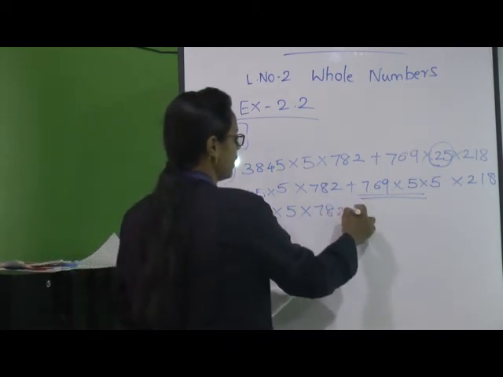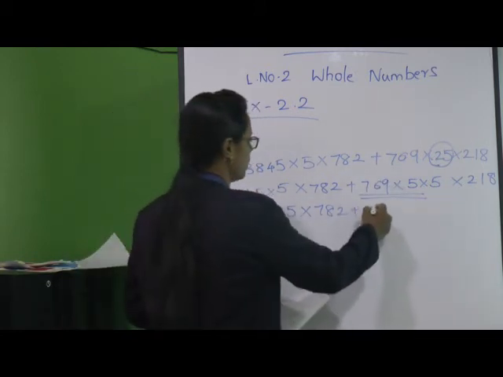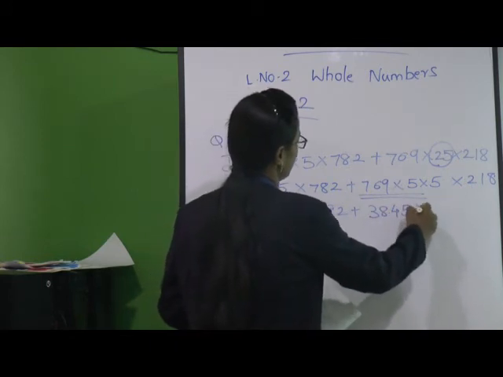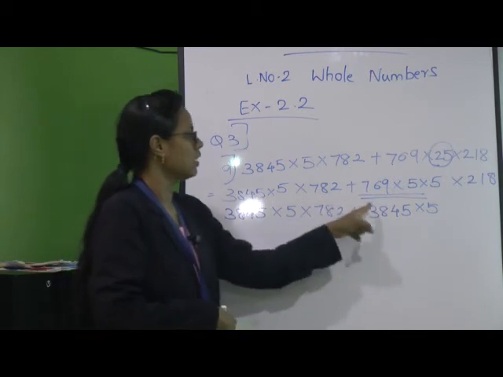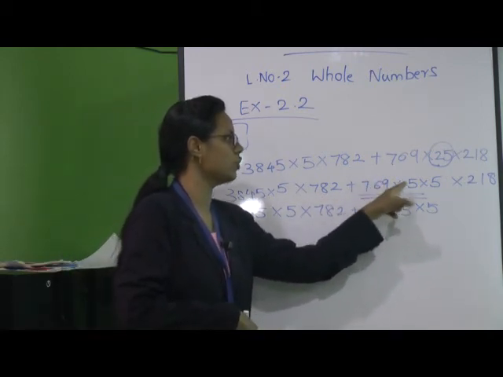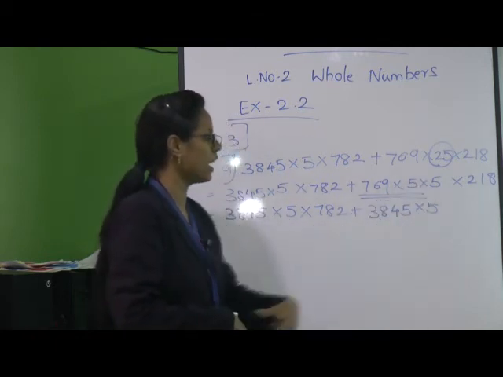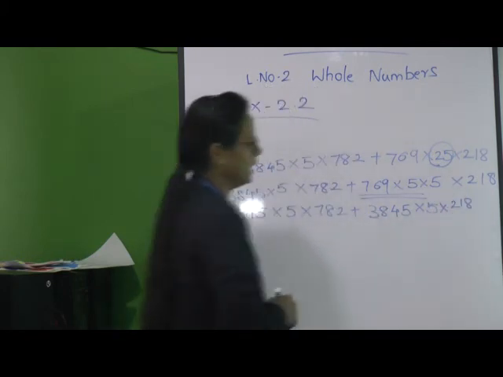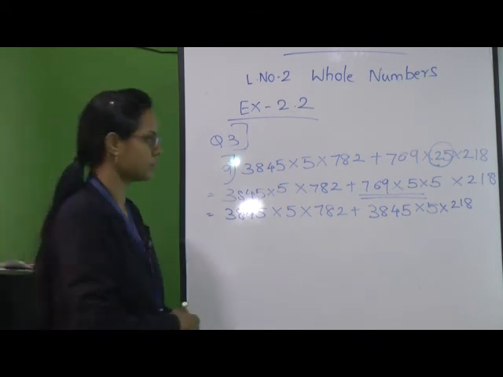Now 769 into 5, when I multiply this I got 3845. 3845 is the answer of 769 multiplied by 5. Okay. And remaining into 5 and into 218.